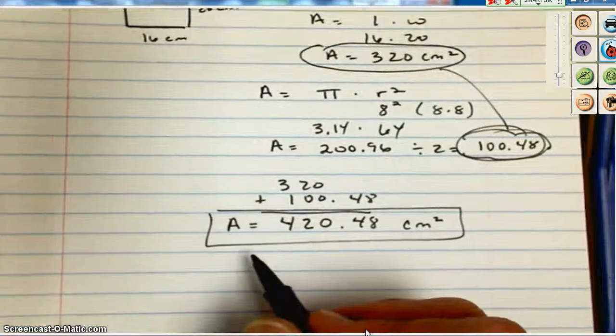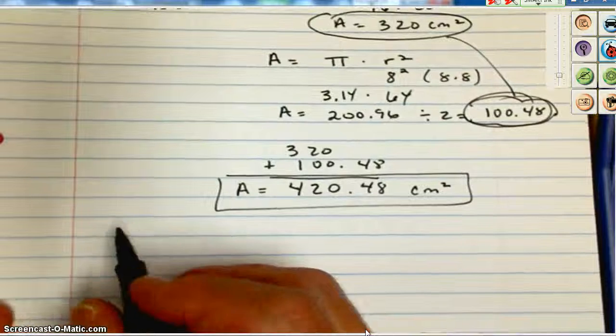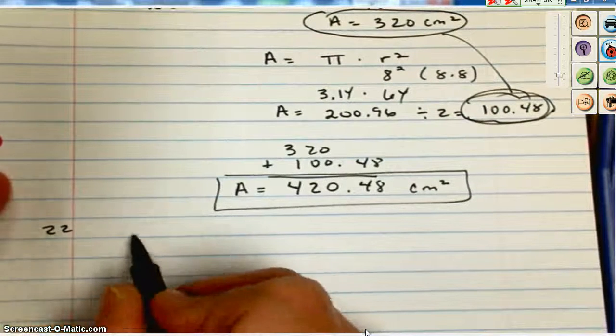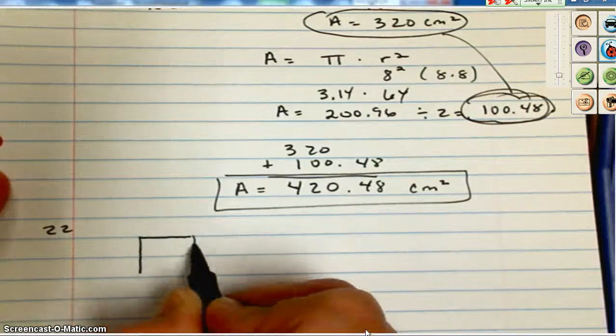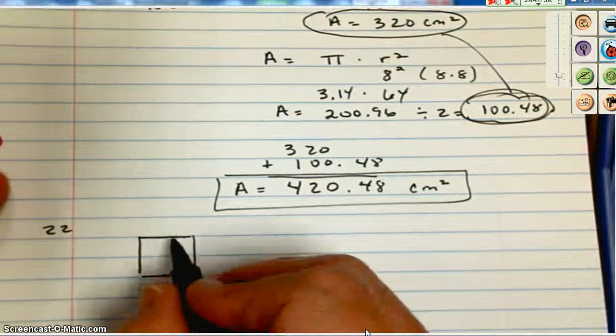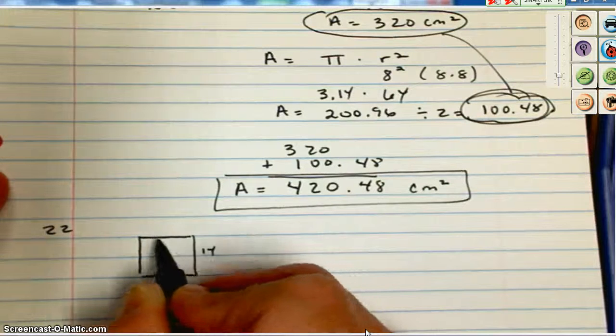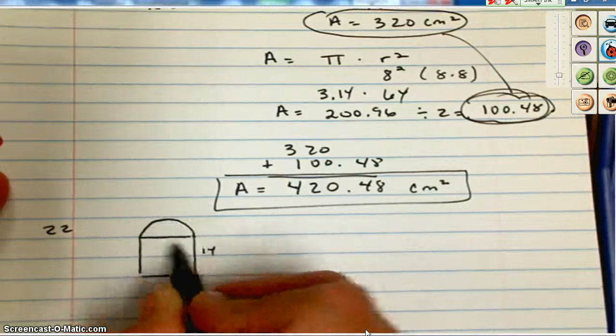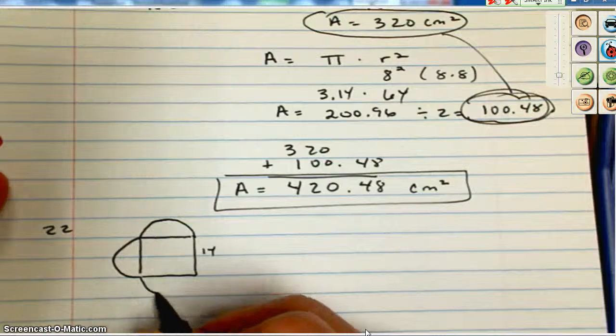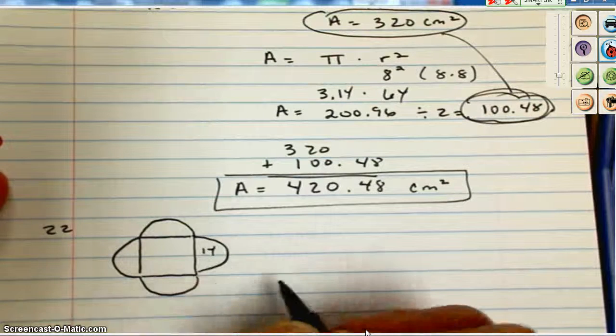Then we're going to go down to number 22, and this one looked kind of funky, but it wasn't really that much more difficult. We have this square, which has 14 feet sides, and then we have a half circle here, a half circle here, a half circle, and a half circle.